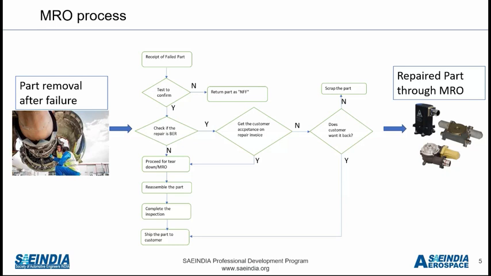The MRO facility receives it, and the first step is to confirm whatever reason for the failure or removal was mentioned by the airline operator by testing it. For example, if there is a pump and they say that the pump is not performing up to the mark, or it is not providing enough pressure or enough volume, the same thing will be tested and confirmed. That is the first step within the MRO organization.